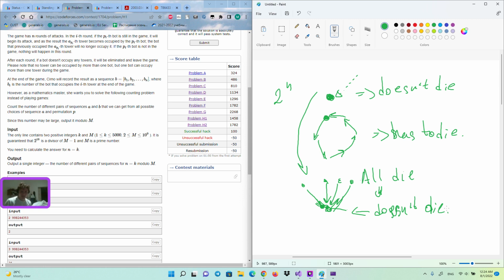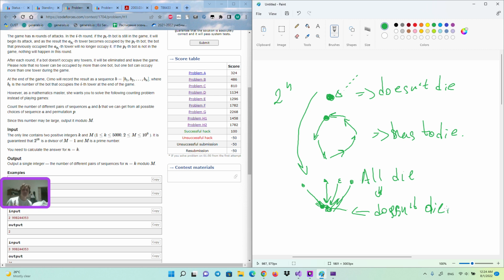So in every cycle, someone dies, and if a vertex dies, then it has a parent that doesn't die. Is it true? I guess that this is true.